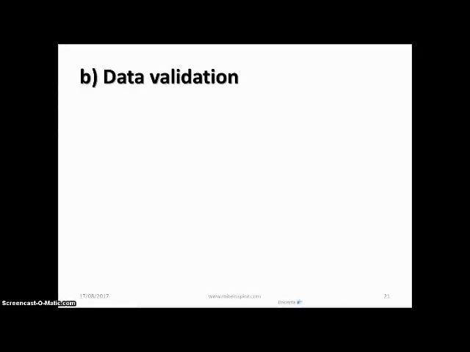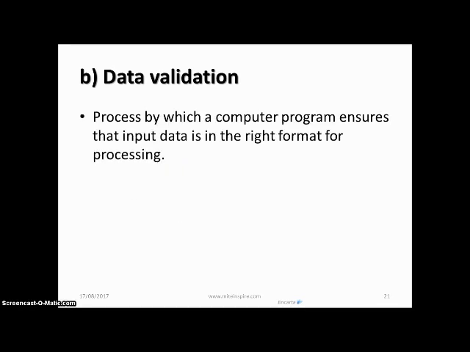Data validation. Here you need to notice that with the verification process, it's a human being that is involved in ensuring accuracy. But with validation, it is a computer program that works to ensure that input data is in the right format for processing.